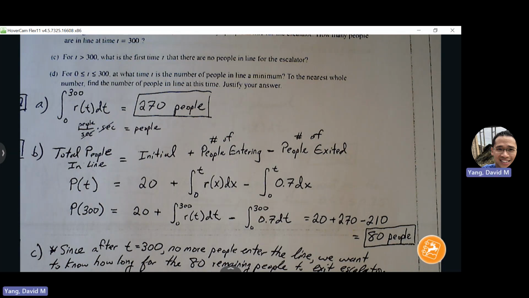It's like that rate in, rate out problem where if I have the rate at which people are entering, then the antiderivative is going to tell me the total number of people who've entered into the line.